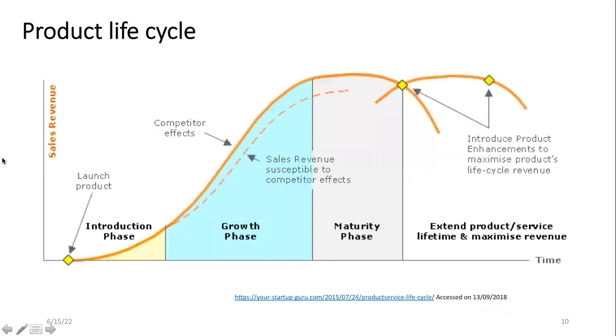Product life cycle, I think you can understand this one. When we introduce a product to the market, then there is a growth phase, right? Introduction phase and growth phase. As an example, you can remember the COVID vaccination, right? There was a very good demand for that product in those days.